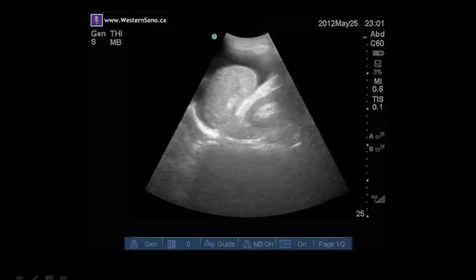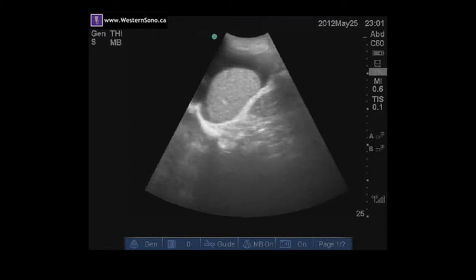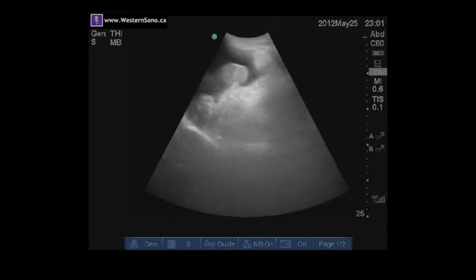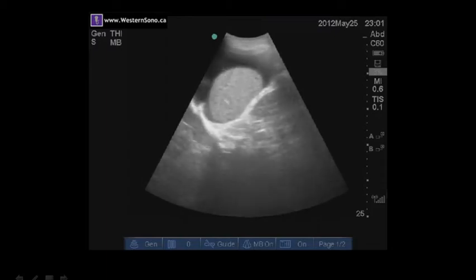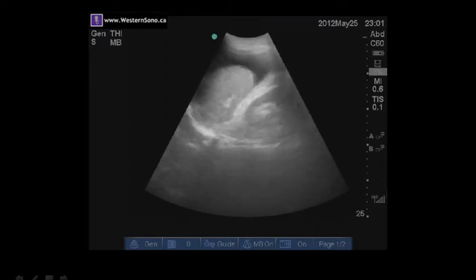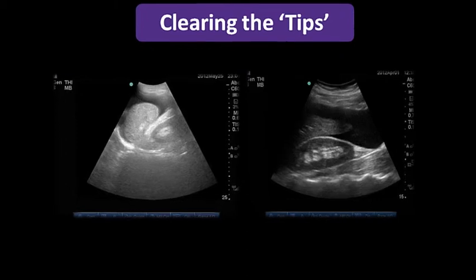Similarly, in the left upper quadrant, we can see free fluid in the splenorenal interface. We just want to stress once more that it is important to visualize the entire interface and sweep it in order to call a negative scan conclusive.